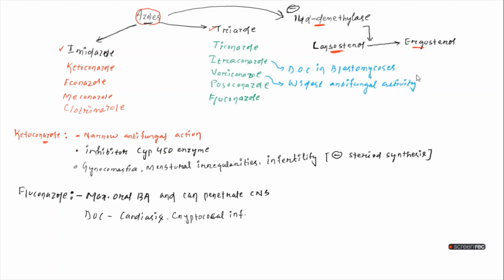Okay, so next important drug is griseofulvin. The first and most important point about griseofulvin is that it should be taken with a fatty meal, because a fatty meal increases drug absorption.